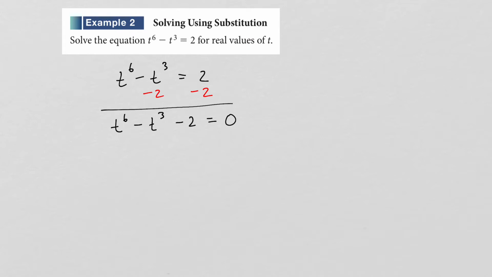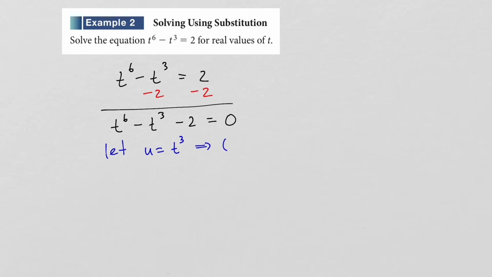And once again, you should notice that even though this is not a quadratic equation, it resembles a quadratic equation. And all I need to do here is make a substitution. I'm going to let u equal t to the third power this time.